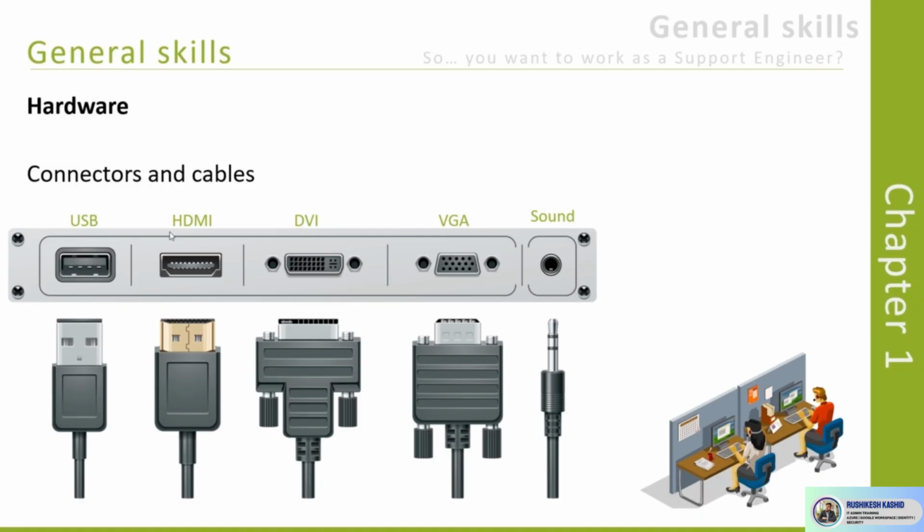HDMI allows you to send video and audio. DVI and VGA do not support audio output. You can send video only. DVI is a bit better than VGA because it's digital. VGA is analog. And then sound.